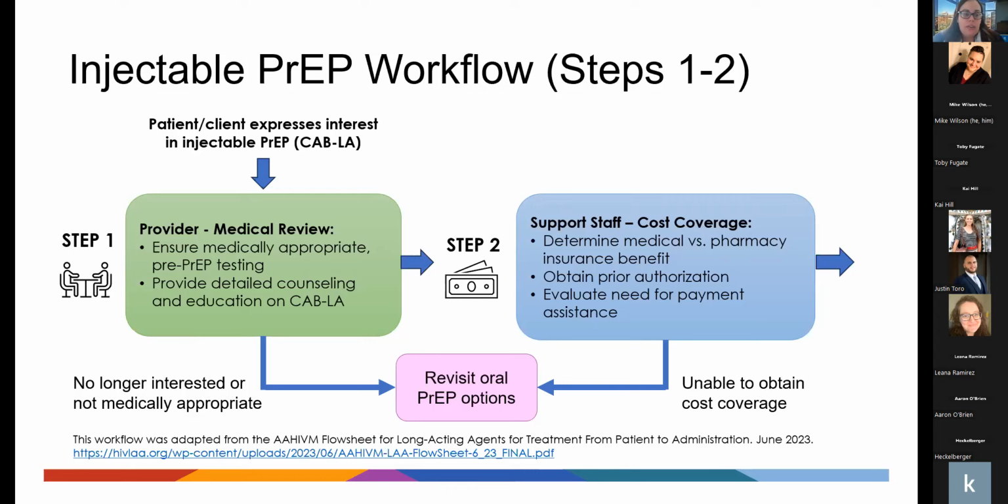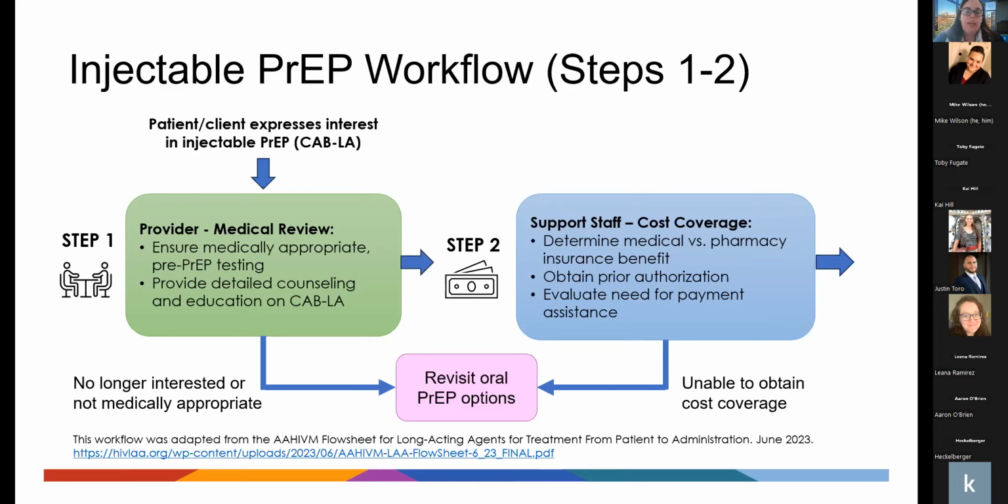If you get through step 1 or step 2 and you're unable to obtain cost coverage for that individual, even after working with ViiVConnect or various programs in New York State, for example, there's medication assistance for PrEP, just like there's medication assistance for HIV treatment related medications.